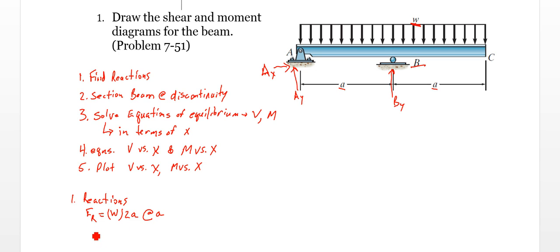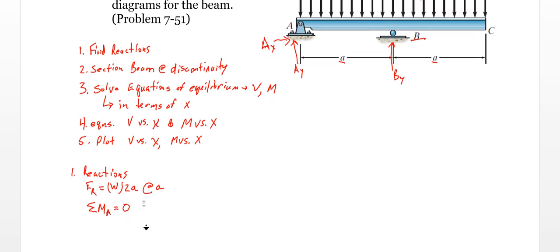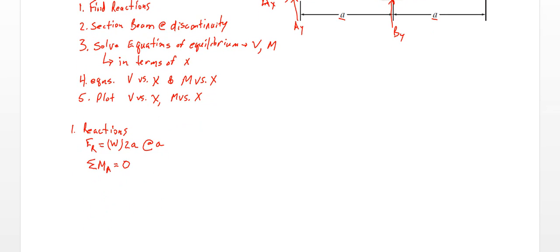So the next thing we can do is take the sum of the moments around A, set that equal to 0. So what do we have acting there? AX and AY will both not contribute to that since they're passing through that same point. BY will be acting at a distance A, and our resultant force due to our distributed load W will be acting at a distance A. So we'll take up that sum here. It's going to be 2AW.